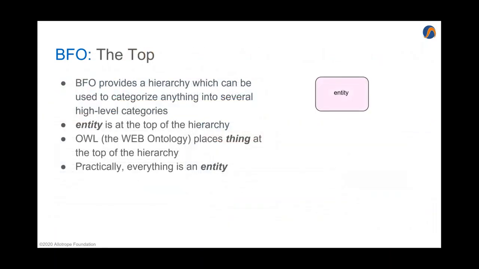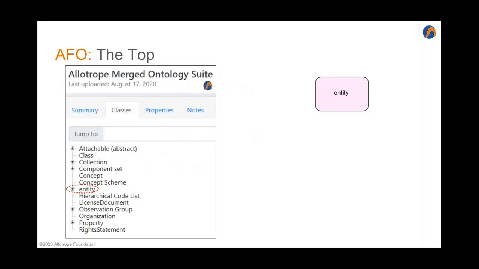BFO is at the top. As in the Web Ontology Language, things are placed at the top. So practically, entity is at the top of the hierarchy, and practically everything around us is an entity. If we look at the screenshot for the AFO, we see entity at the top of the tree.